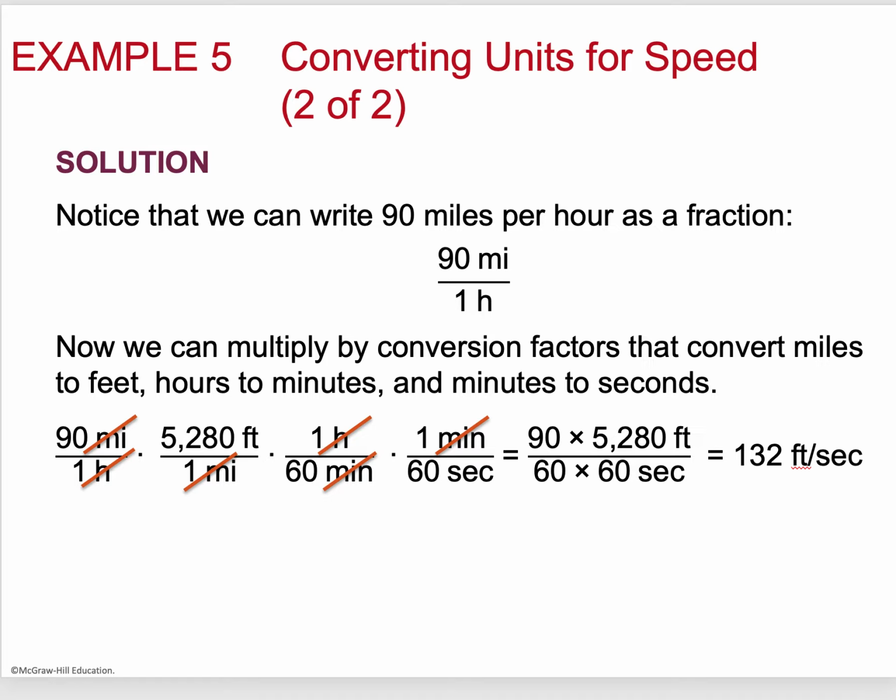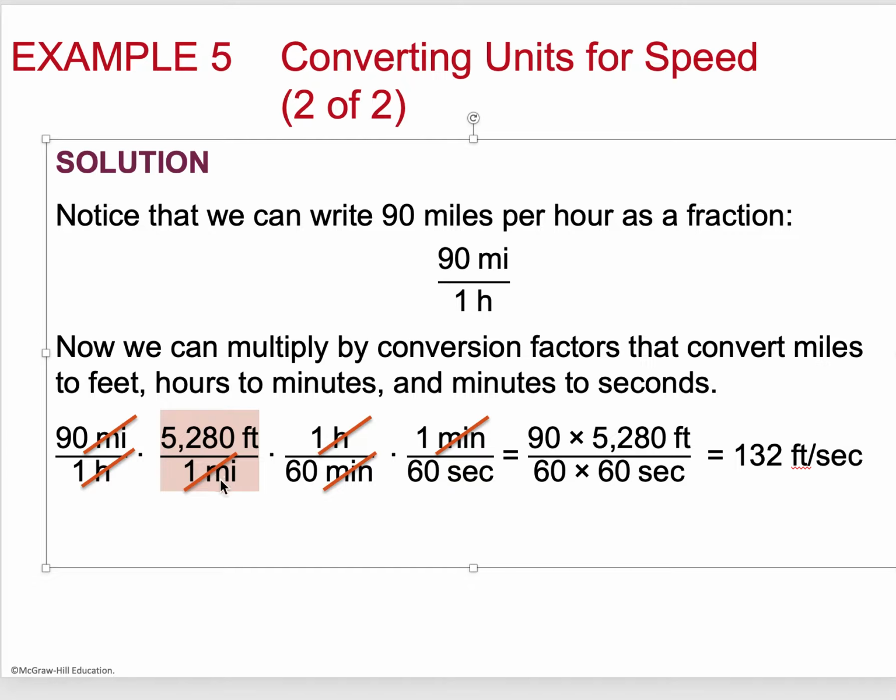If I want to go from miles per hour to feet per second, I'm going to have to choose the conversion factor that has miles in the denominator. That does not change when you're looking at length. So when I look at length, I should follow the same process I just did and have miles in the denominator and feet in the numerator.